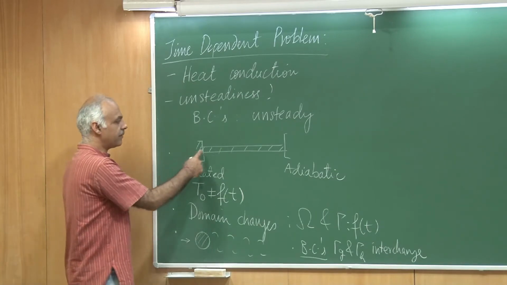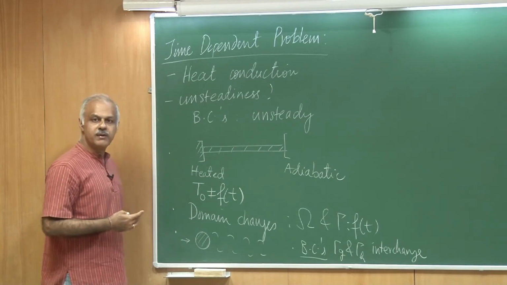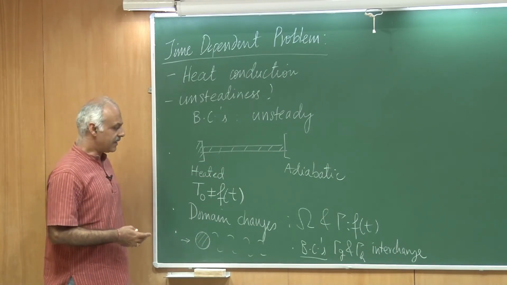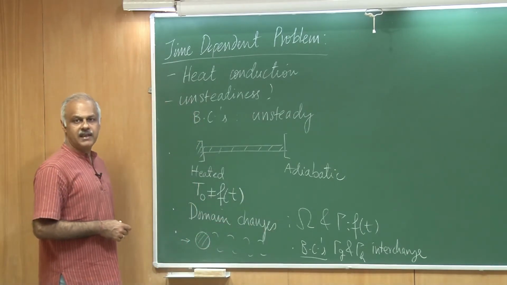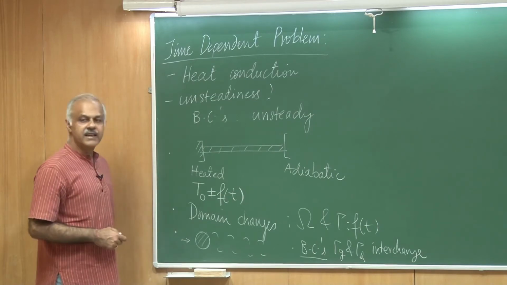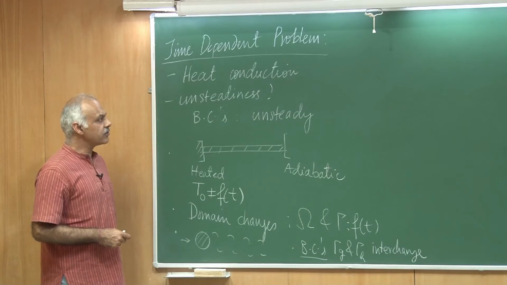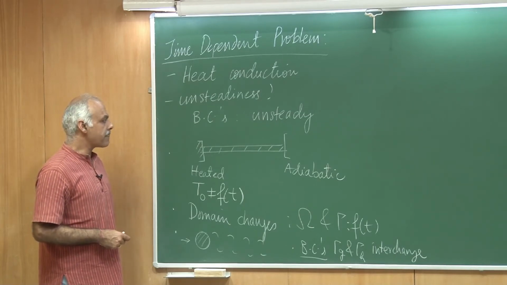This side became adiabatic and I started heating this one, and I could generalize this to 2 dimensions or 3 dimensions, and that would also lead to an unsteadiness, and it is a physical problem that we can solve. Of course these could be very complicated, but we are going to make some assumptions and look at only some of the situations.